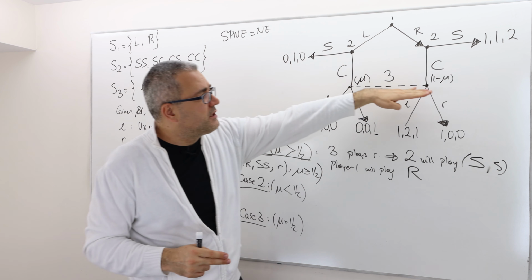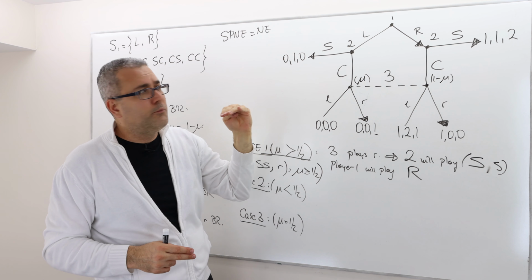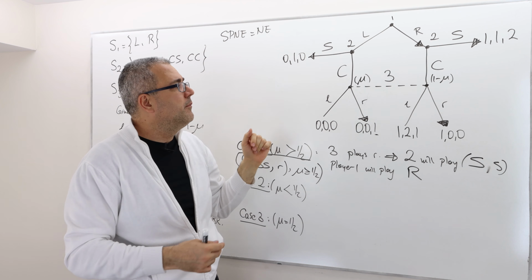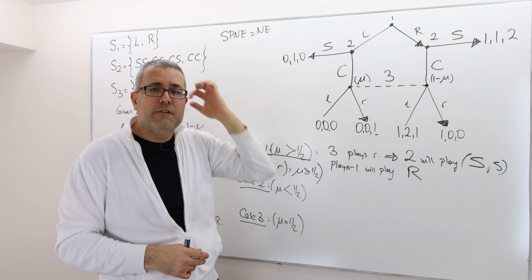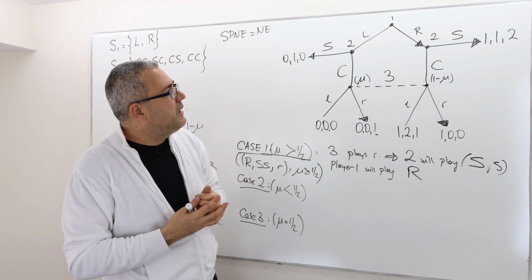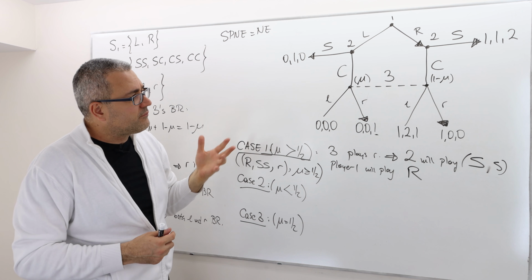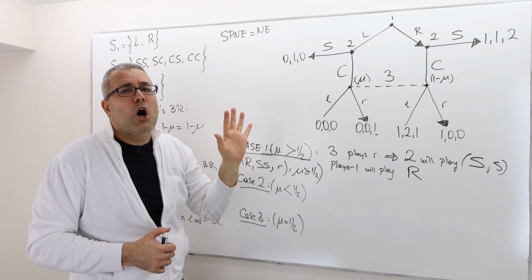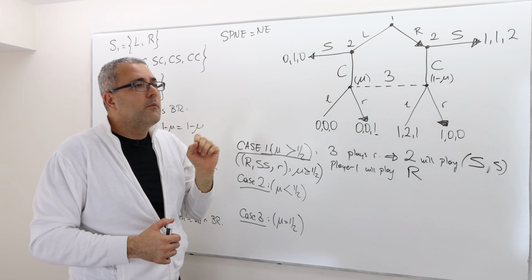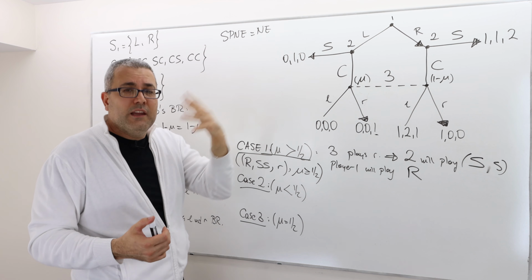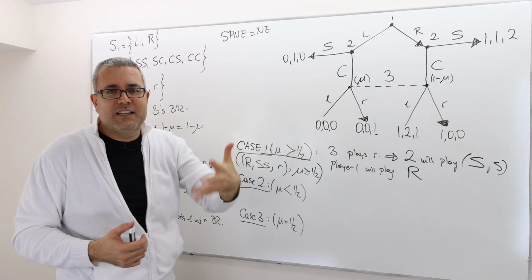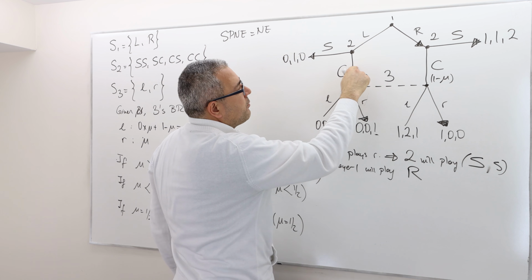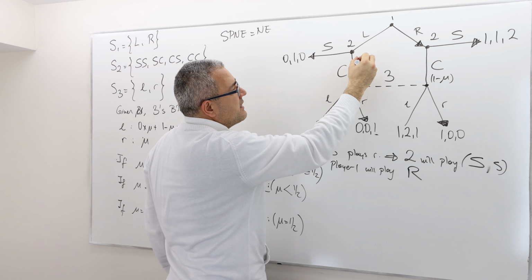Here the information set of player 3 is off the equilibrium path, because player 2 is going to finish the game before it moves on to the third player's info set. But that means we can use Bayes' rule if we can. That's the idea of requirement 4. But here's the thing. The likelihood of player 2 playing C here is 0, right?